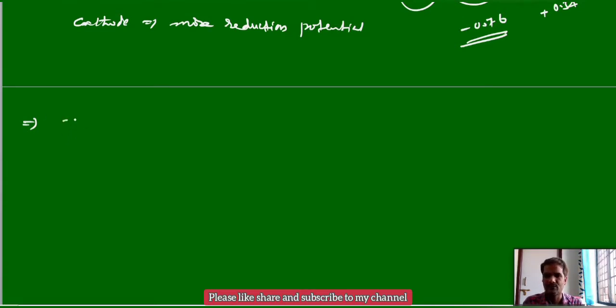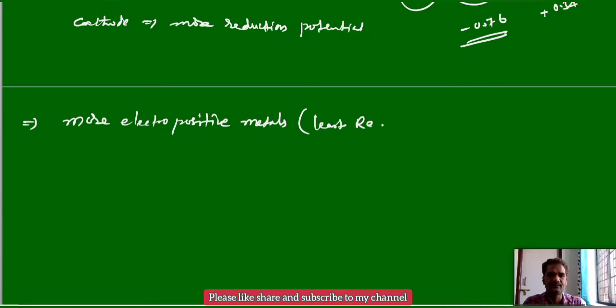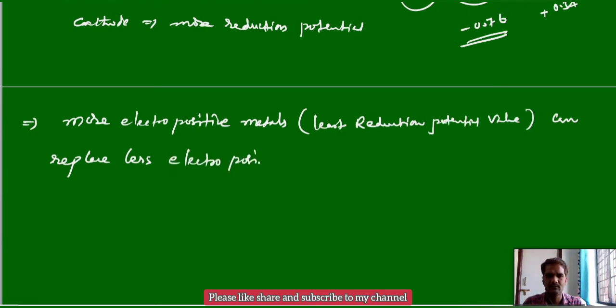More active metals, or more electropositive metals, which have the least reduction potential values, can replace less electropositive metals from their salts. Generally, more electropositive metals can replace the less electropositive metals from their salts.